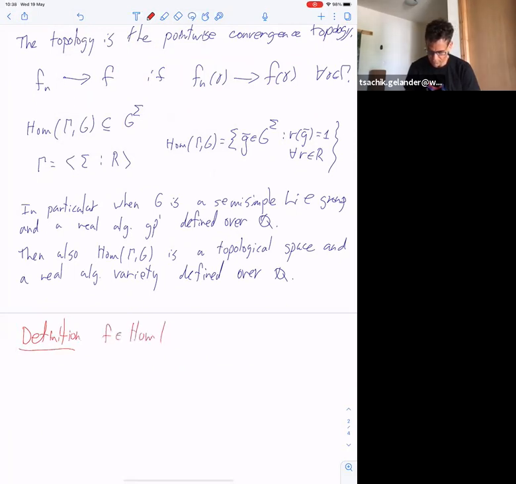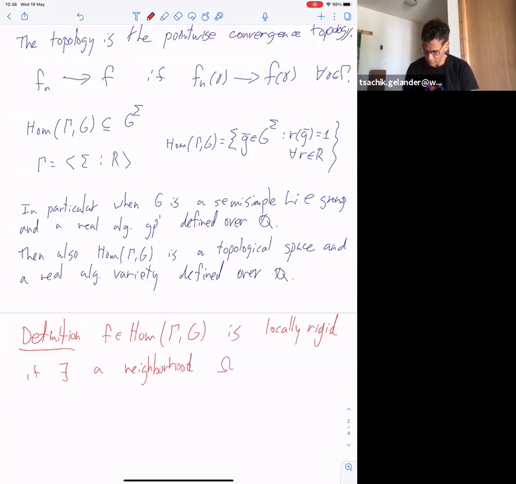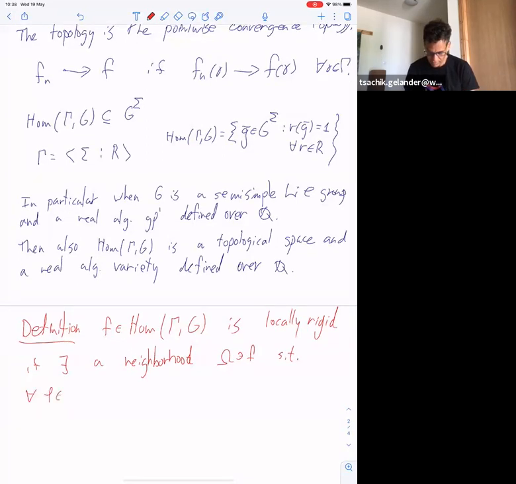F in Hom(Γ, G) is locally rigid if there is a neighborhood Ω containing F in this topological space, such that for every φ in Ω there is g in G such that φ is F conjugated by g.